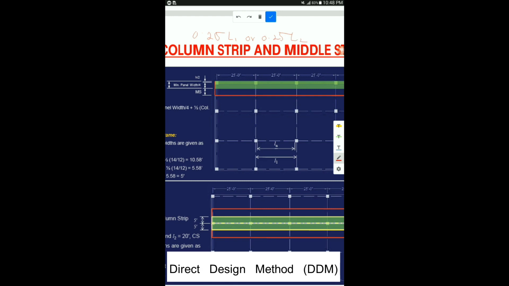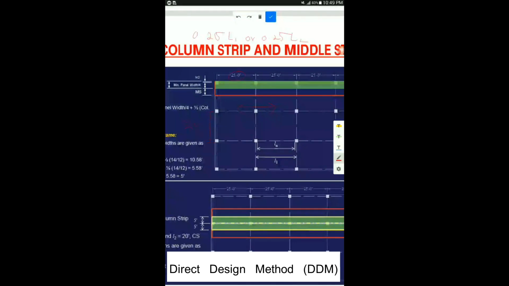For this rigid frame, because it is running in the x direction, all the dimensions along the x-axis will be considered as L1, and all the dimensions parallel to the y-axis will be L2, center to center dimensions. L1 is greater: the value of L1 here is 25 feet, whereas the value of L2 from this to this is 20 feet.